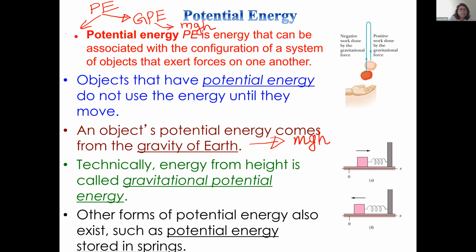Another category is spring potential energy. That means I should have a spring to have the potential energy. The spring stores energy because of the stretch and the compression, and that energy we call the spring potential energy.